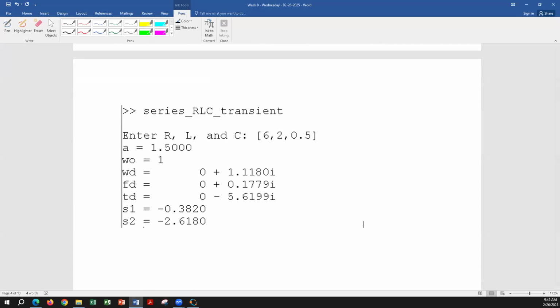Alpha is 1.5 radians per second, omega naught is 1. That means this is an overdamped circuit. Omega d, of course, in this case, we don't really use omega d since it's not an underdamped circuit. And of course, FD and TD, we don't really need those either.